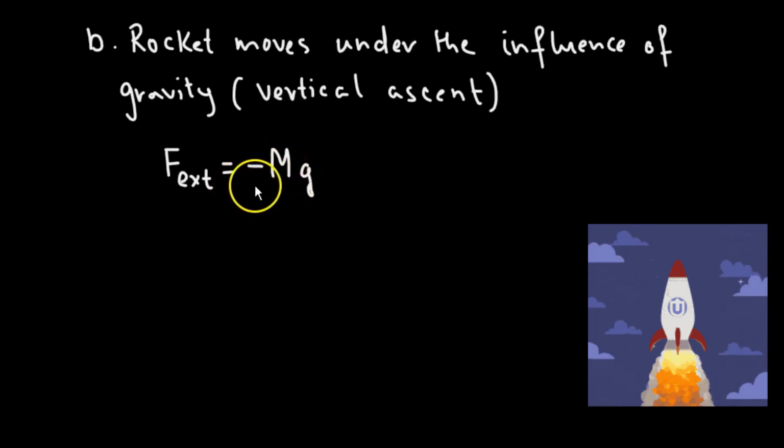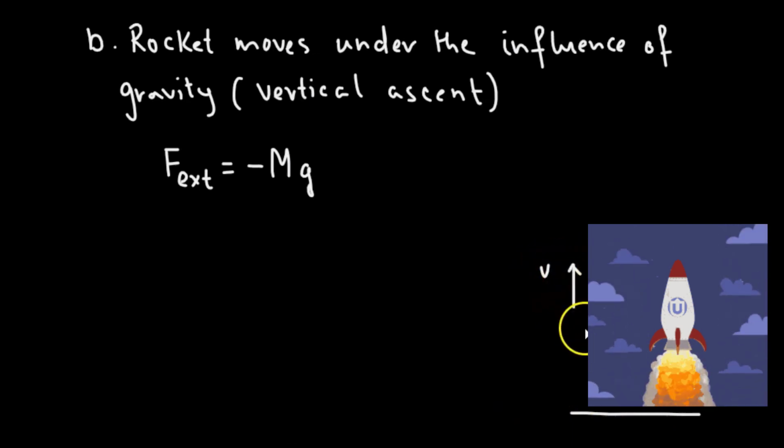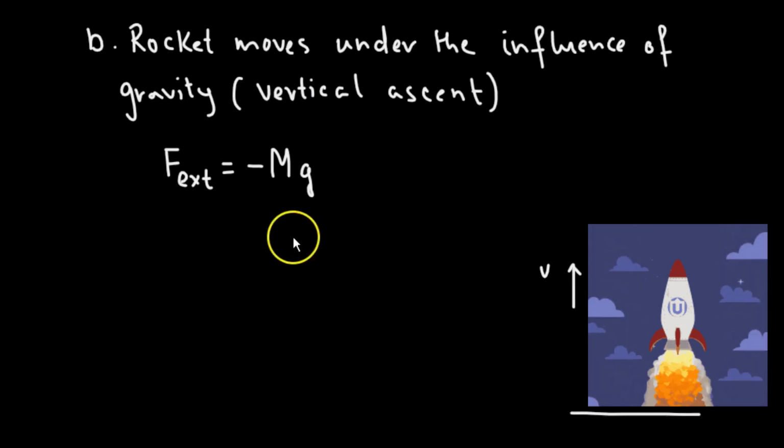This force is negative because we consider the ground to be the reference level, and as the rocket moves upwards with a velocity v, the gravitational force will be in the downward direction. That's why we have the negative mg.